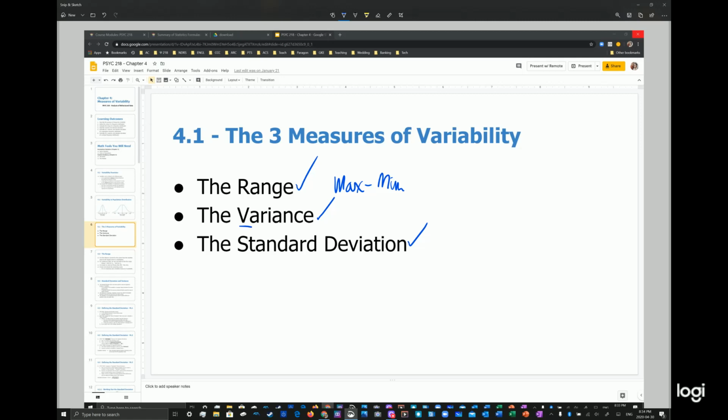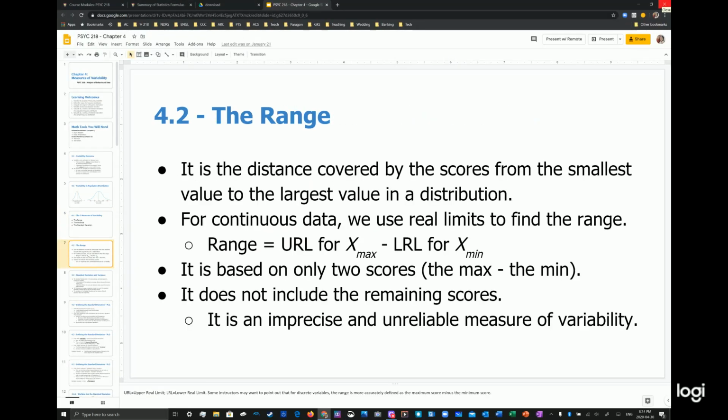When I say they, that is the variance and standard deviation, they are closely related. Again, the standard deviation is the square root of the variance, and they both deal with the expected deviation score based on how far the scores are apart from the mean. So first, let's start with the range.